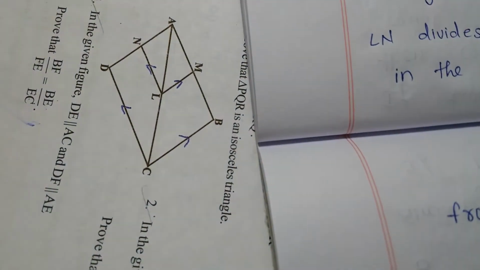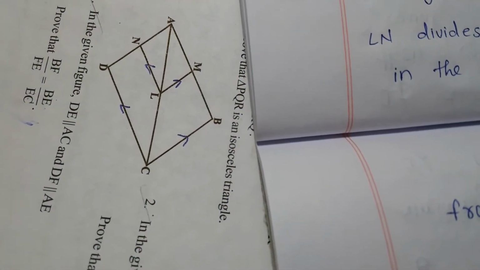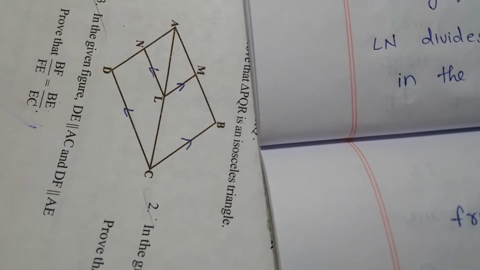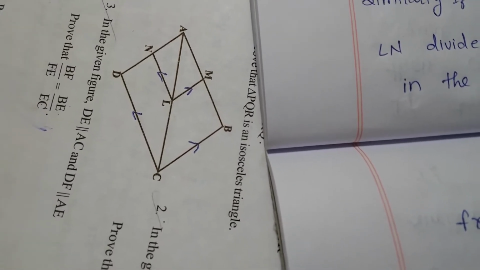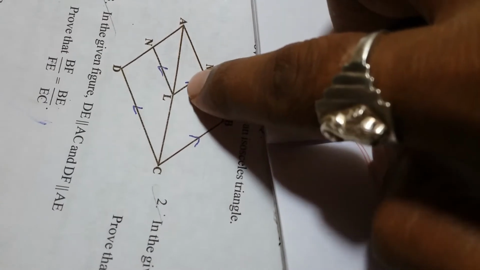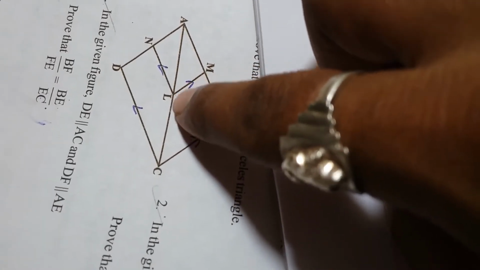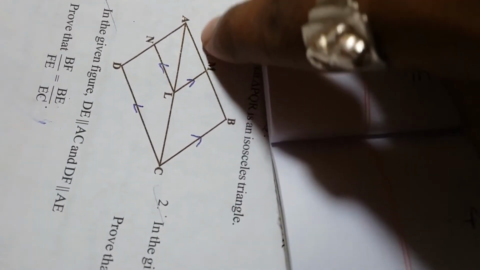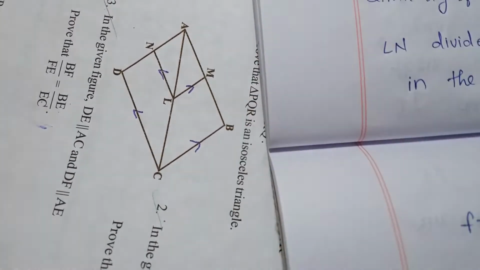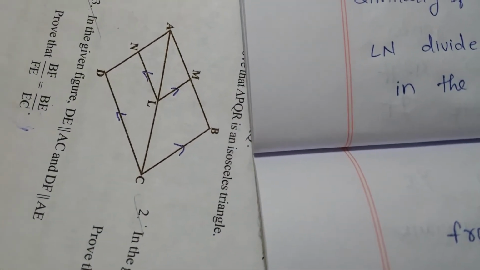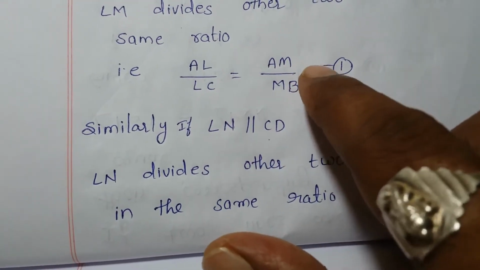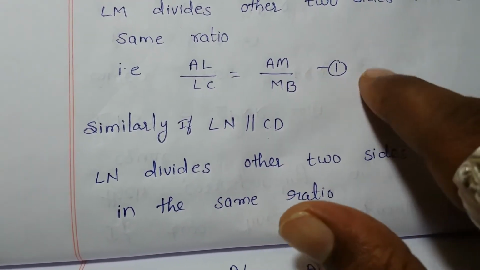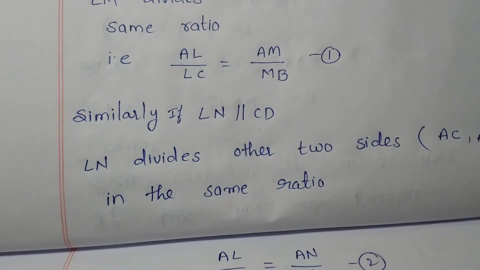We know that by basic proportionality theorem, if a line is drawn parallel to one side of a triangle, it divides the other two sides in the same ratio. That is, AL by LC equal to AM by MB. That is only we written here. AL by LC equal to AM by MB. Let it be equation number 1.